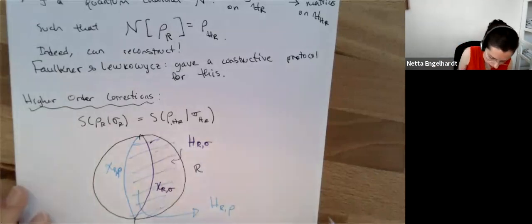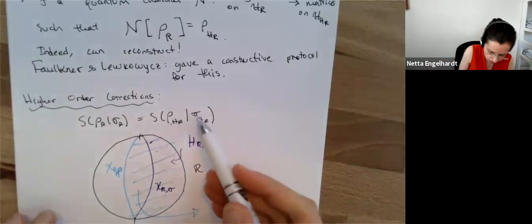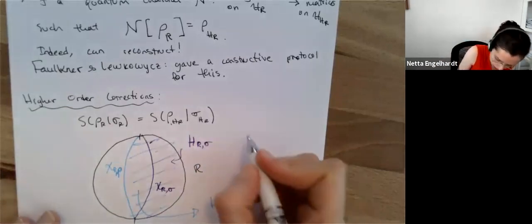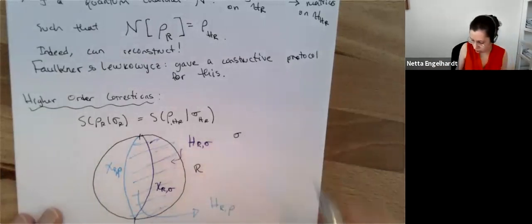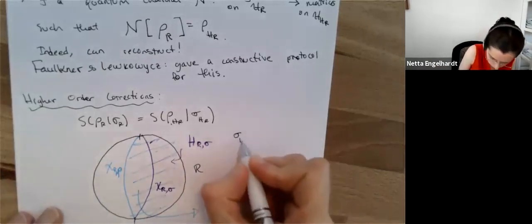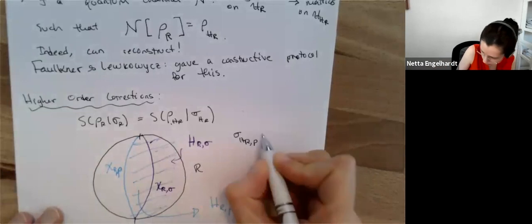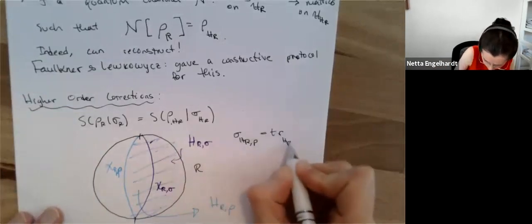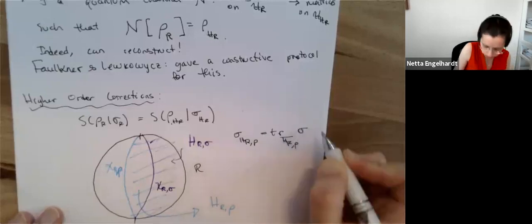So then we have to ask ourselves, what actually goes into this relative entropy formula? Do we evaluate the state of this rho, for example, or sigma? Do we take sigma on H_R,rho? In other words, the trace of the complement of that over the bulk state sigma?